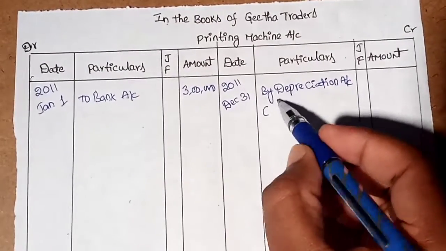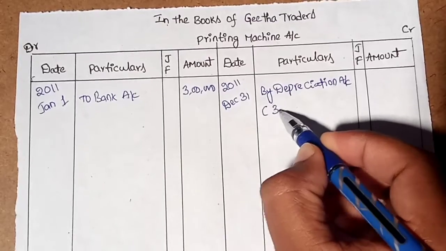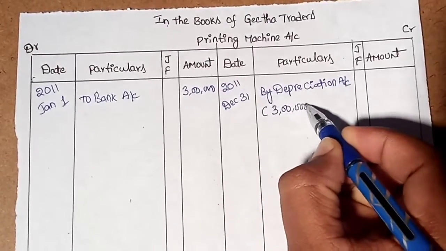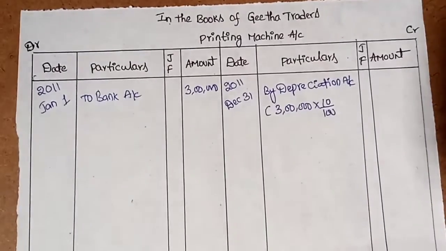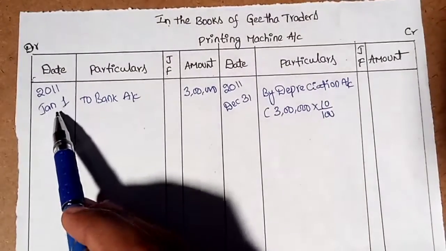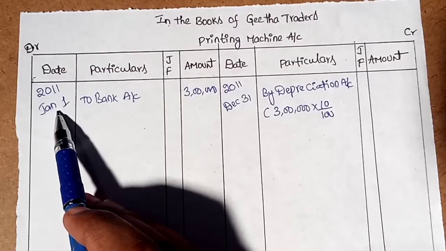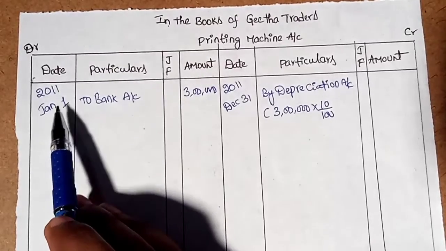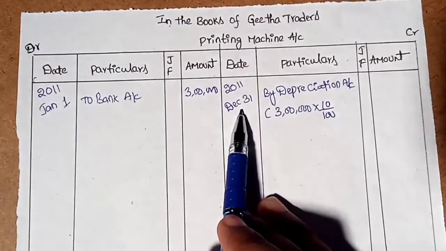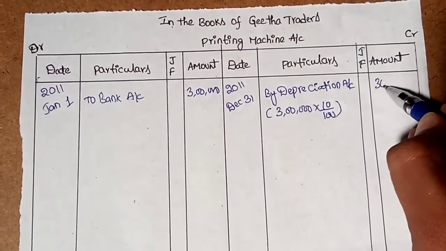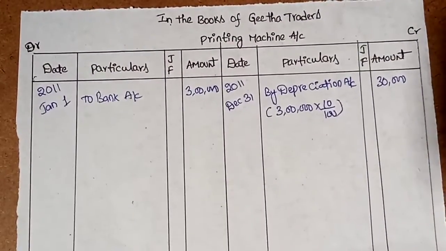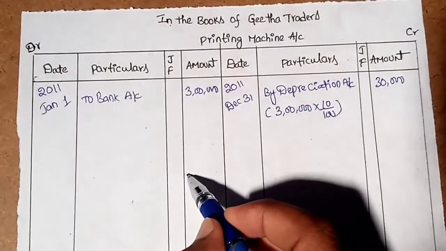The cost of the printing machine is 3 lakh rupees. Depreciation rate is 10%, that's why 10 by 100, and the machine was in the organization from January 1st to December 31st, that means the whole year. That's why 30,000 is the annual depreciation.